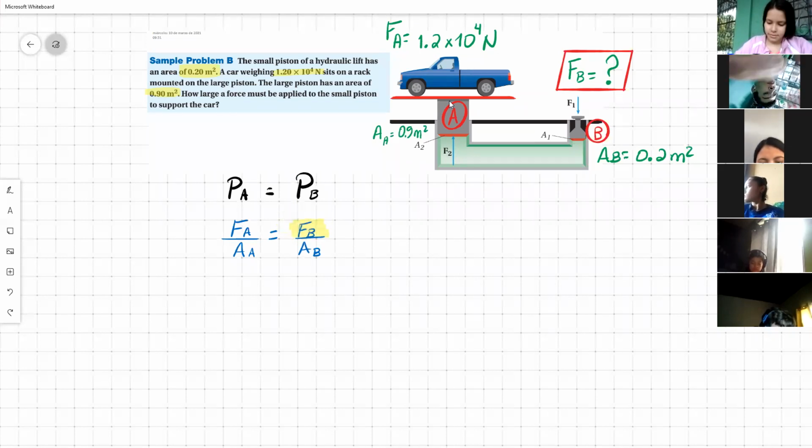In this case, the area B is doing a division, so when you change it to the other side of the equation, it's going to be a multiplication. That is the first part of the isolation process. So this will be FA multiplying AB divided by area A, and this is going to be equal to force B, what you are looking for.